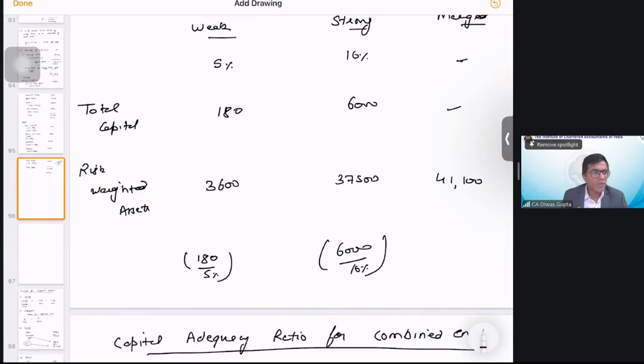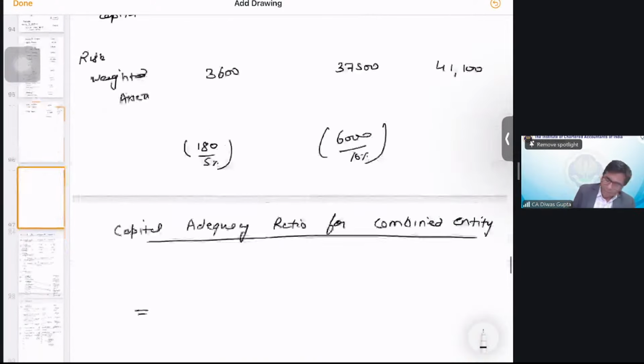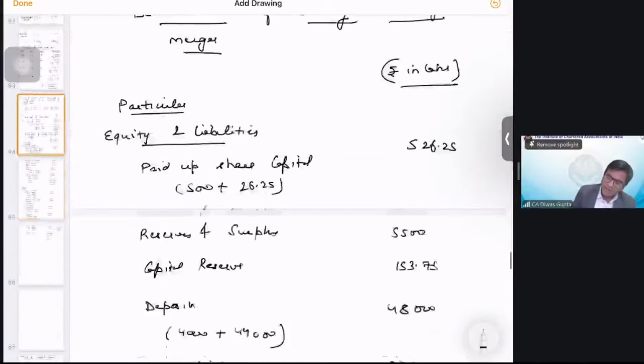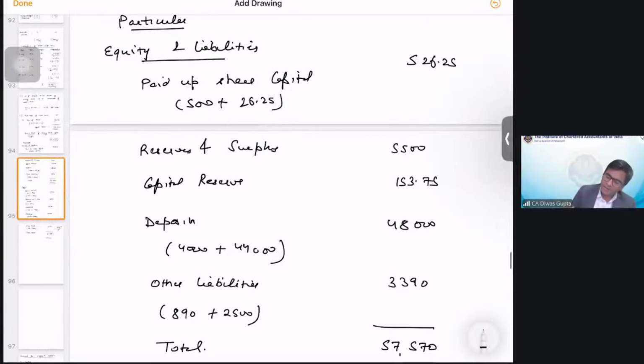So what is their total capital? For the new entity, we just now have created the balance sheet. All these three values put together becomes their total capital, right?